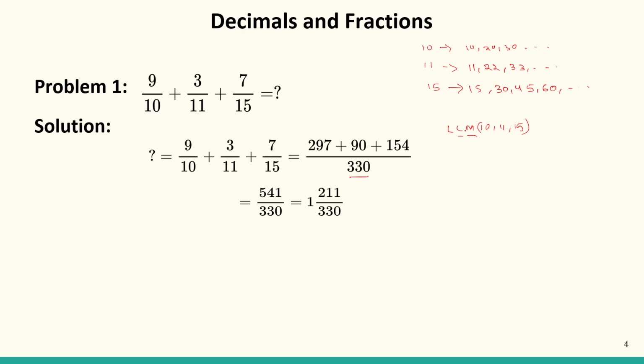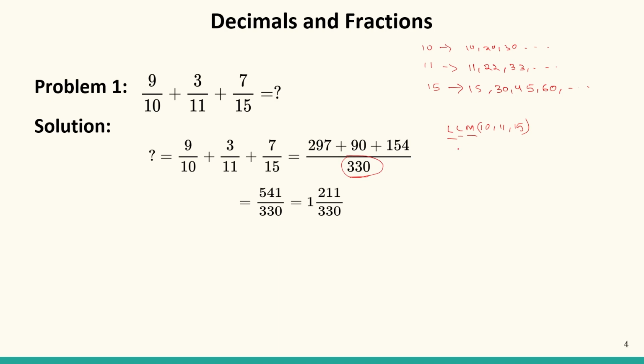You can see it if you extend it to a bigger sequence. 330 will be the first common, and since it is the first common, it is also the lowest common multiple of 10, 11 and 15. We have already found that here.